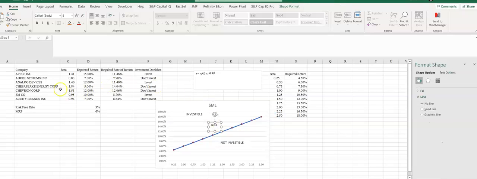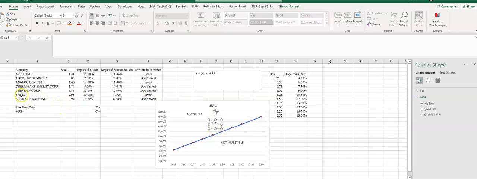So Apple stock is somewhere around here. Again, we have Analog Devices with a very close beta, and this time it has a required rate of return of 11.40%, similar to Apple's, but it has a slightly lower expected return. So if you have Apple in here, Analog Devices pretty much will be slightly below it.